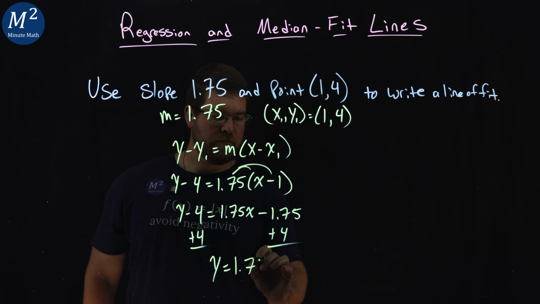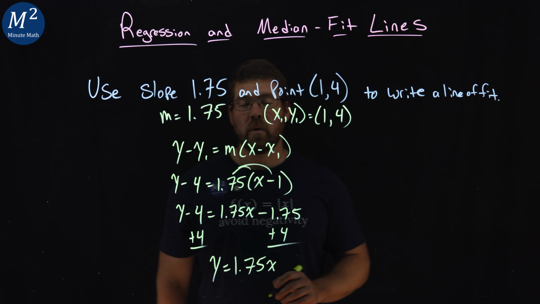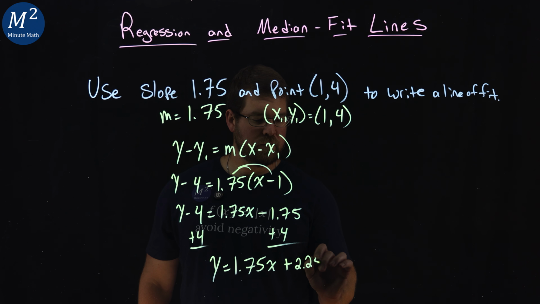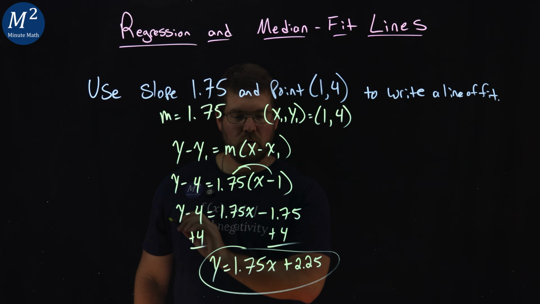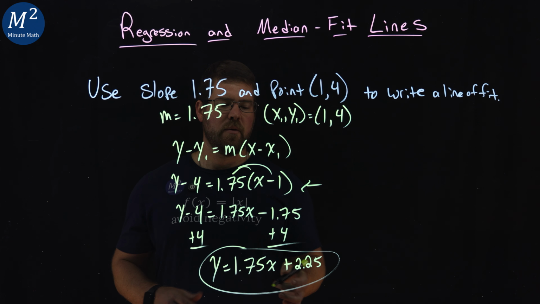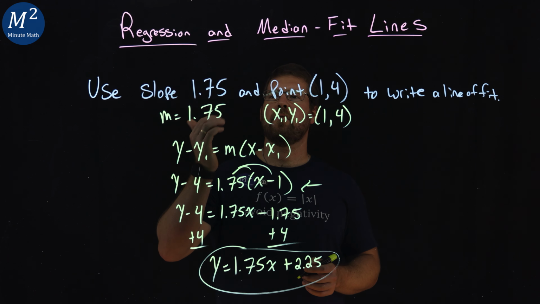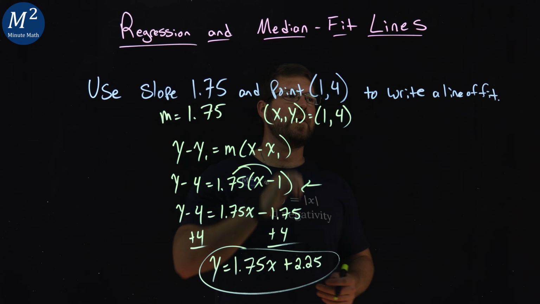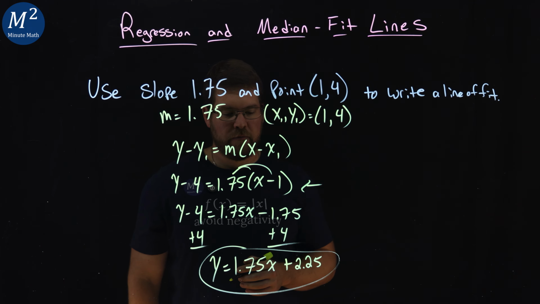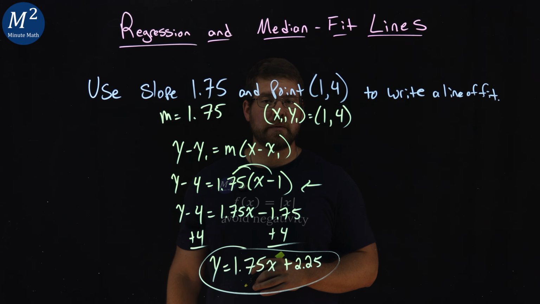We have 1.75x, and minus 1.75 plus 4 is a positive 2.25. And so our equation, in slope-intercept form, with a slope of 1.75 and the point (1, 4), our line of fit to estimate it would be y equals 1.75x plus 2.25.